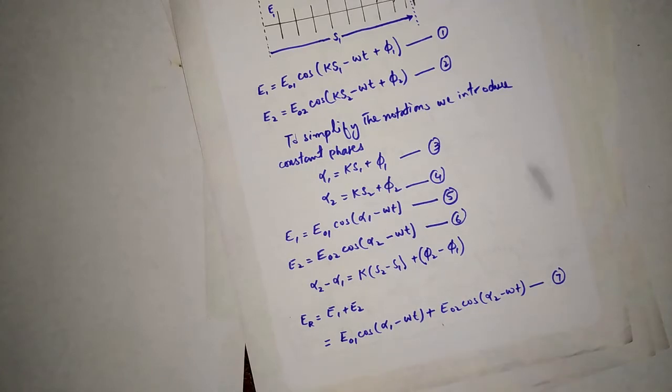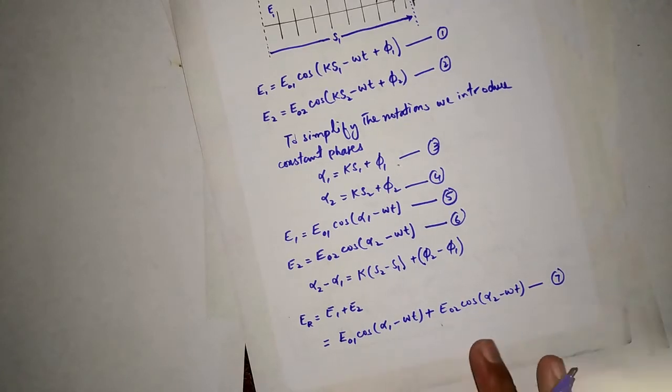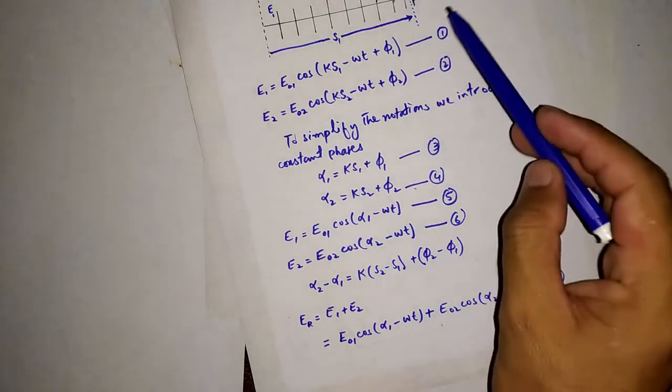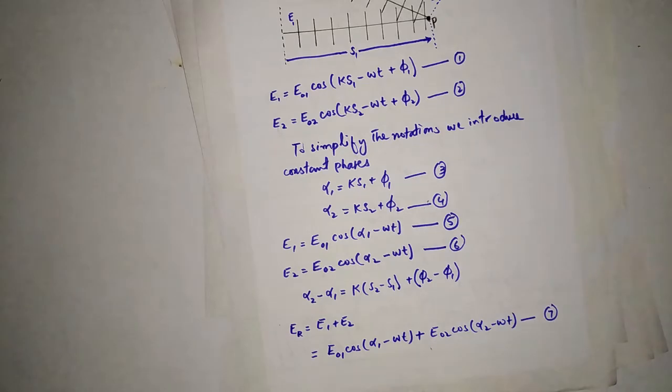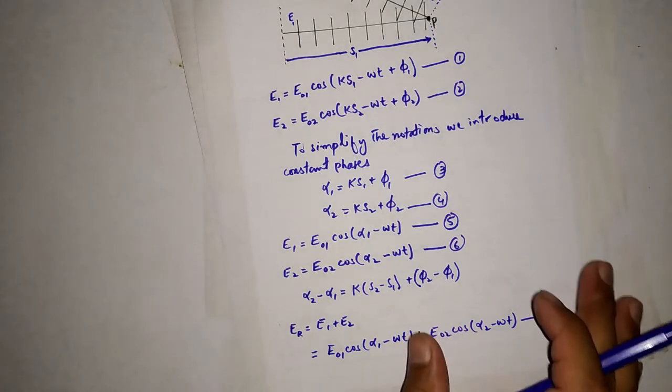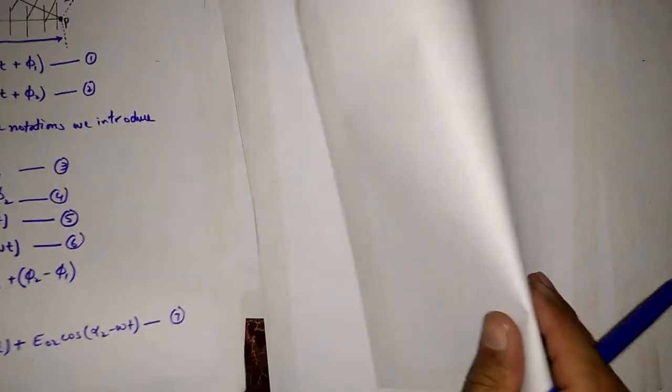So if two waves superpose each other at some point in space, the nature of the superposition at a fixed point in space of two harmonic waves of the same frequency is going to be discussed, and it will have three forms.